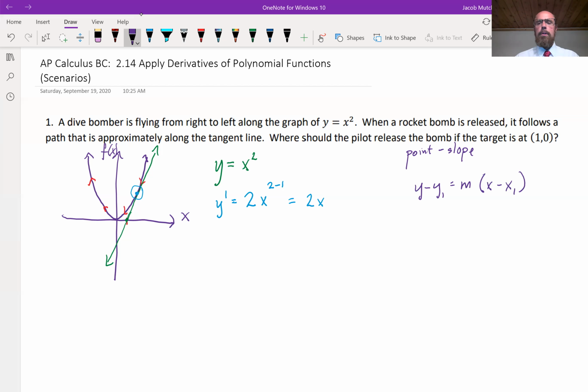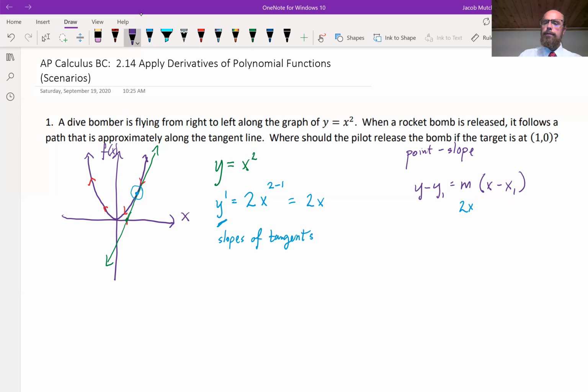The thing I want to plug in is my expression for slope. I don't actually have a number because I don't know where that tangent line is intersecting the purple parabola, but I do know that it's represented by the expression 2x. Again, that's the derivative of the original function. Recall that it is representative of the slopes of all tangent lines given some x value. So I'm going to put that in for m.